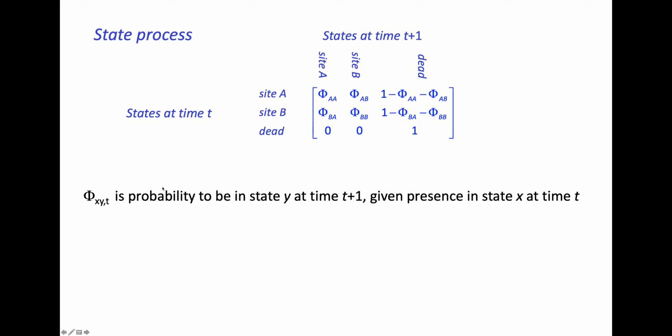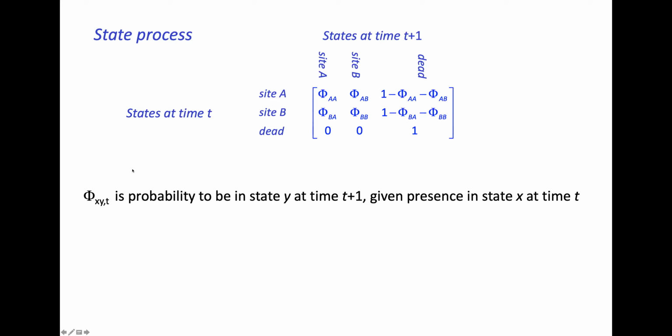So it generalizes the survival probability. But as we will see in a few slides, this parameter includes two processes, the survival and the fact that you move or not from one side to the other. So for now, this parameter includes both processes. We will see how to split that in two in a minute.